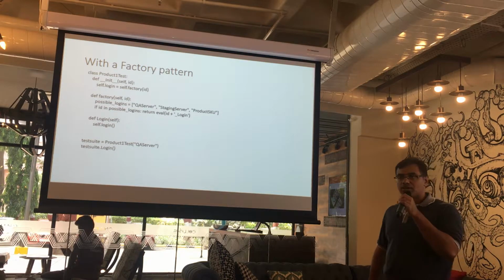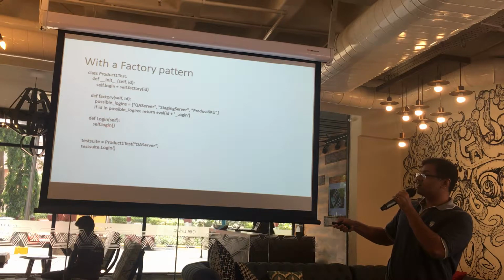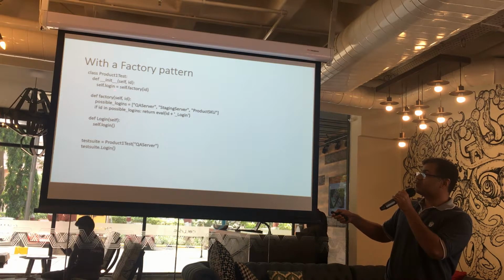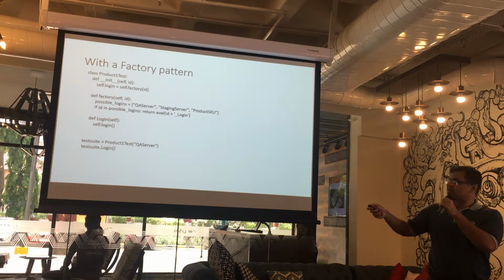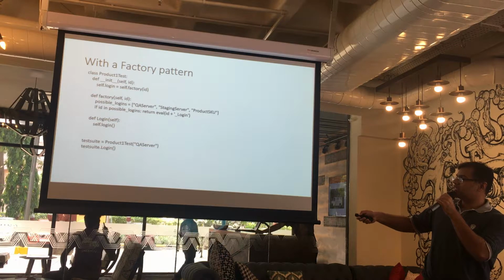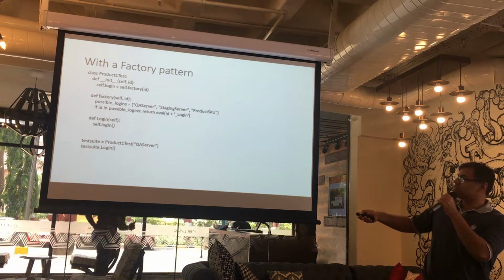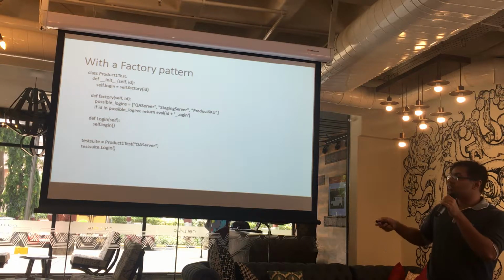Which login should I call is decided by this factory. He gives you that function, right? And it's pretty simple. I just implemented it in this factory. If you had passed QA server, he returns QA server underscore login. That's the function.